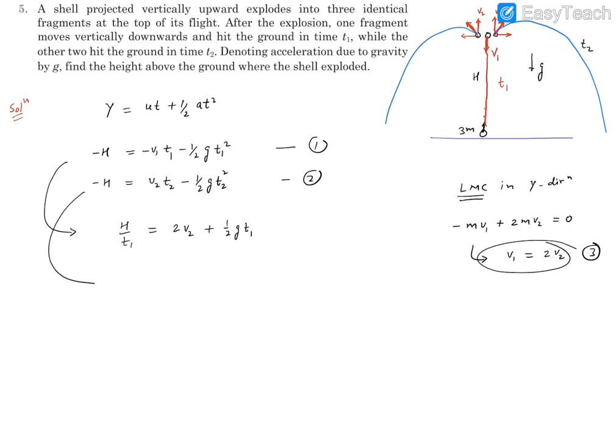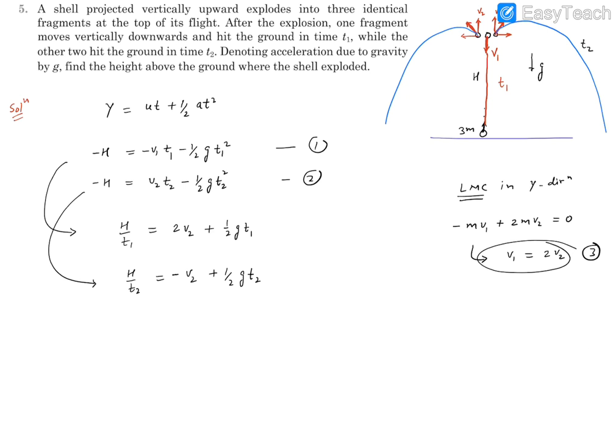Now using the second equation, h by t2 is equal to v2, and multiplying with minus, this is minus v2 plus half g t2.